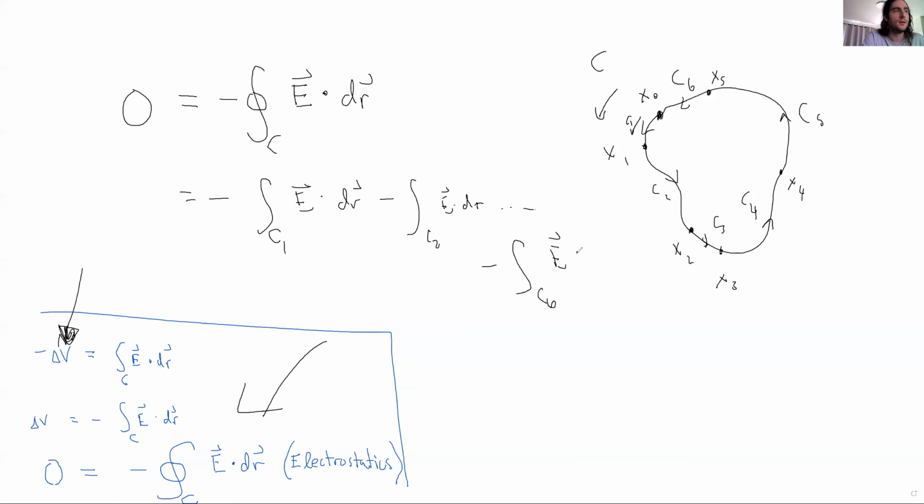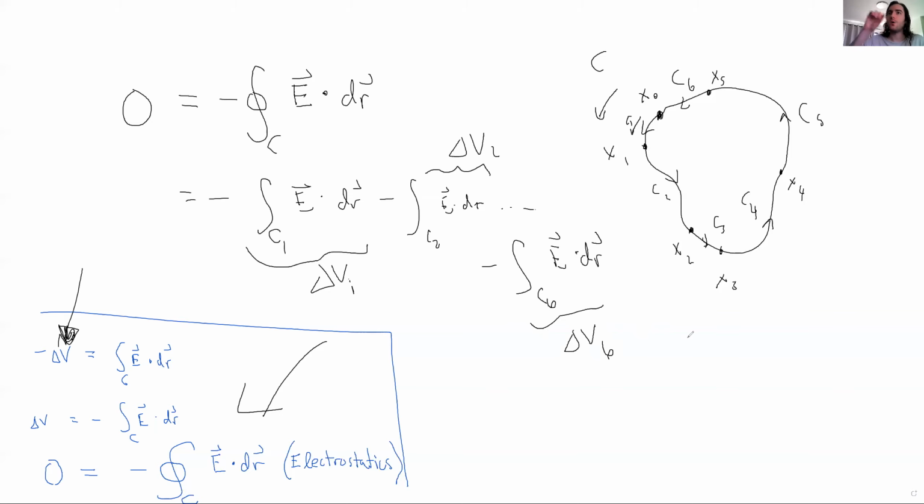Well, what's the point of doing this? Each of these individual path integrals corresponds to its own delta V. It's the change in potential between x0 and x1. So we call this one delta V1. We call this one delta V2. We call this one delta V6, right?